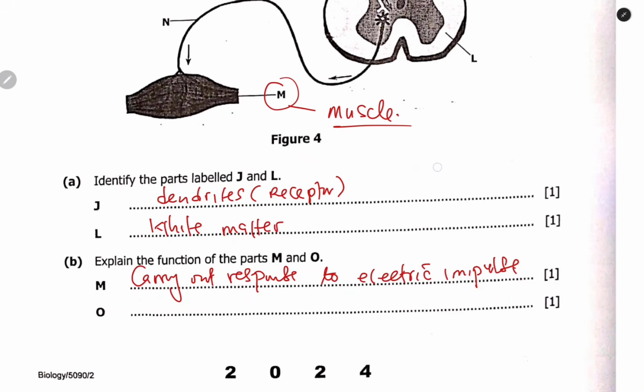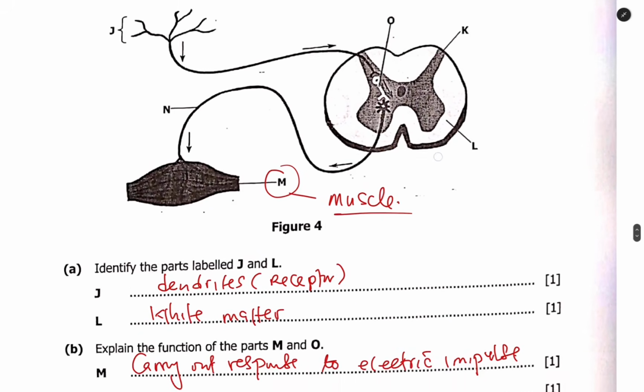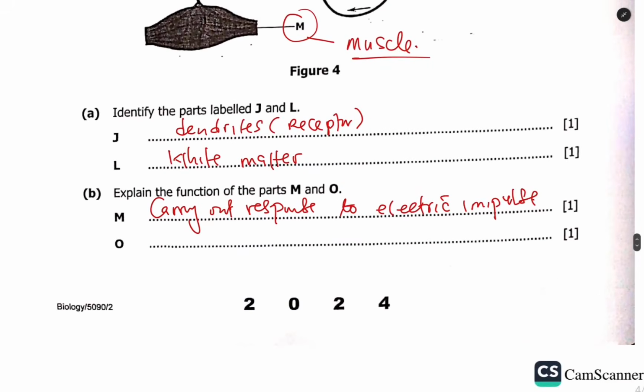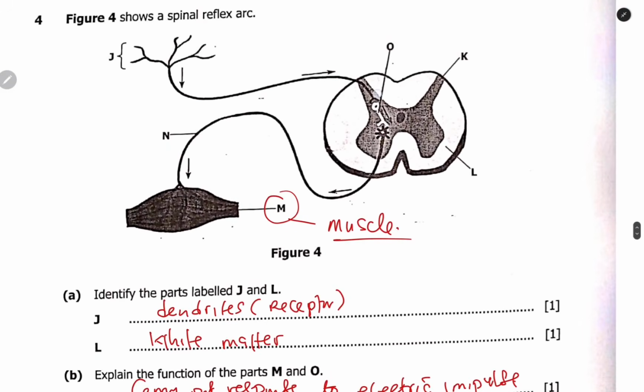What about the part labeled O? Is it O? Oh, this one. Now this part here, by the way, this is called sensory nerve, or sensory neuron. The other one is the motor neuron.